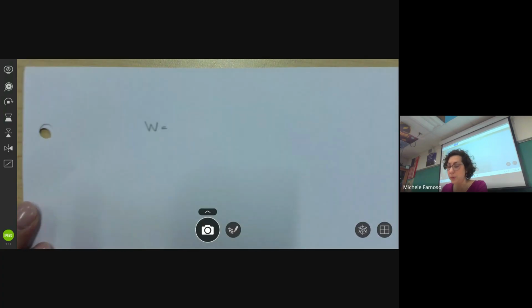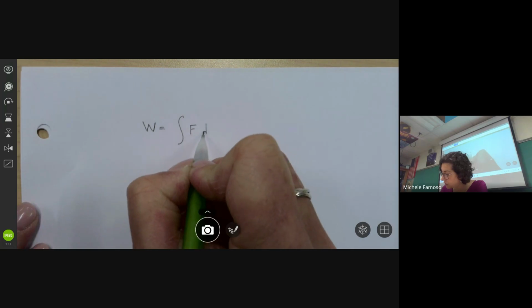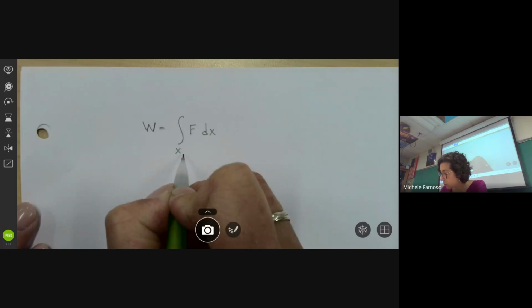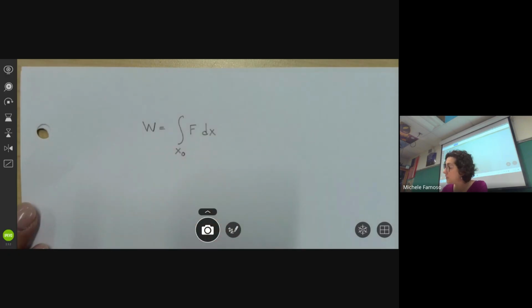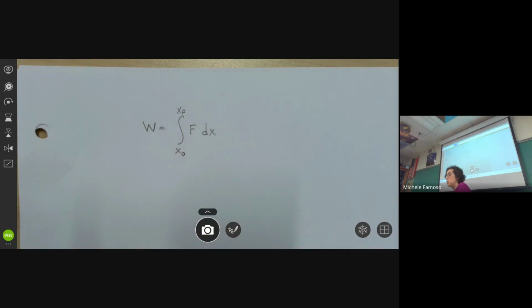Since the force value is a function of displacement, we want to remember how we would get the work. The work would be the integral of the force with respect to the position, and we're going to evaluate that from an initial position to a final position. You're going to have limits or bounds on your integral that you're going to evaluate between. So let's go ahead and make a substitution here.